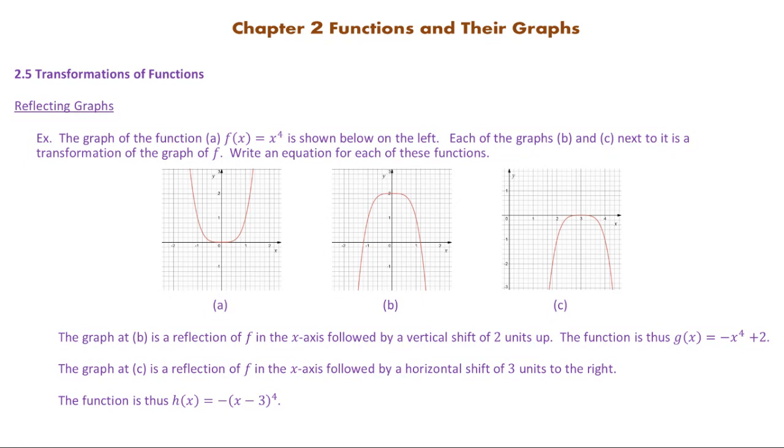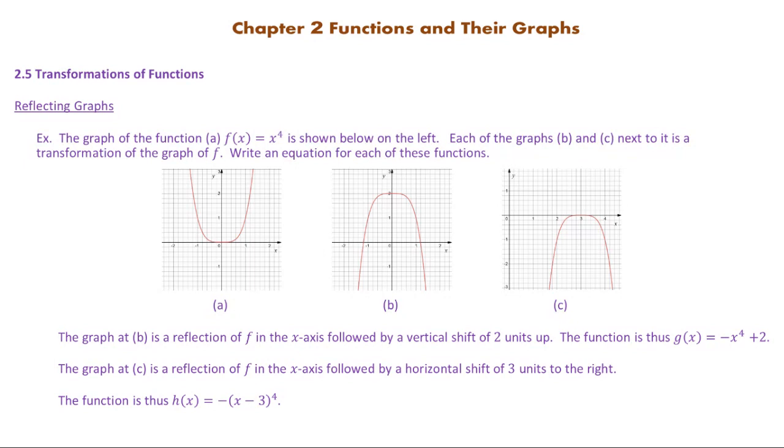Okay. So you can see the graph in the middle can be treated as two steps from the first graph. So first, you move up the graph of f equal to x to the fourth up 2 units and then reflect across the x-axis, horizontal plane.